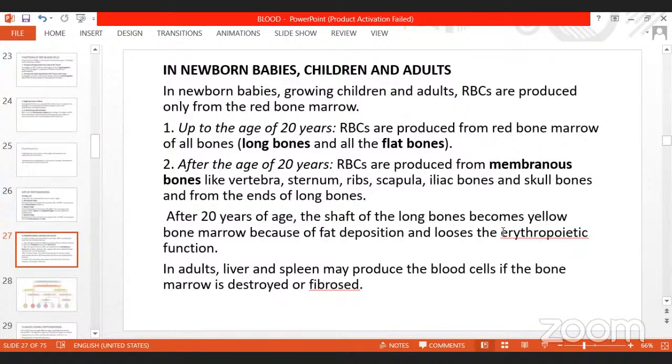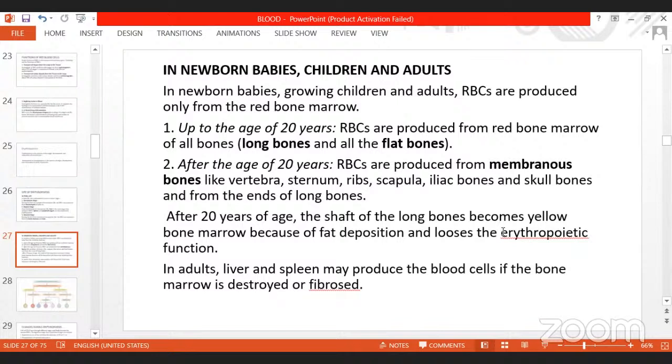And in adults, the liver and spleen may produce RBC if the bone marrow is destroyed or fibrosed. If it is an emergency, the liver and spleen may start producing RBC.